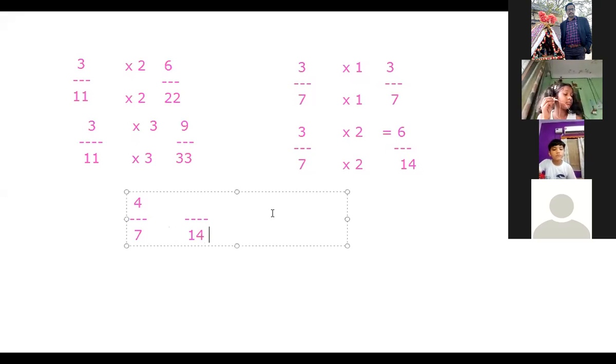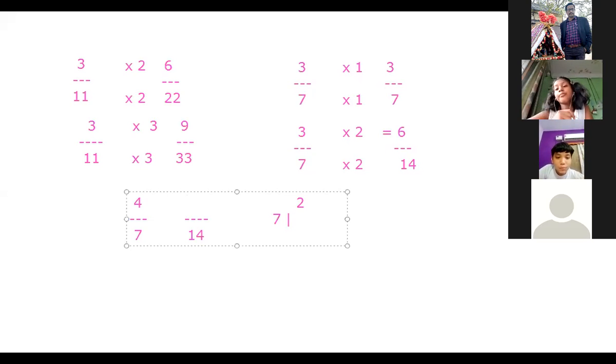What we have to do is, these are the two denominators, one is 14, another is 7. Can you see? You should divide 14 by 7. How many times will it be?